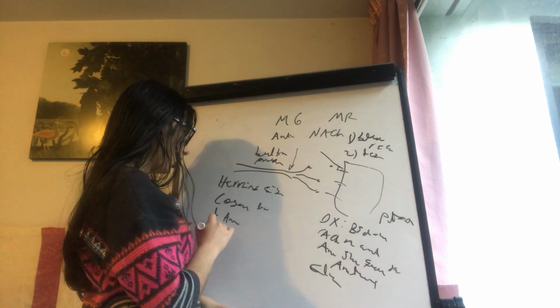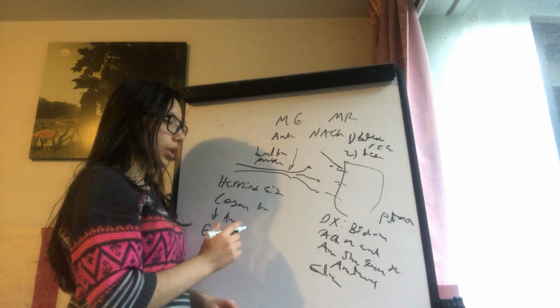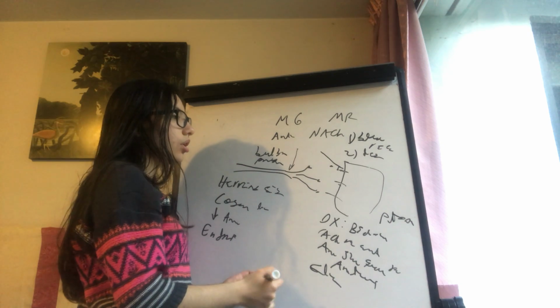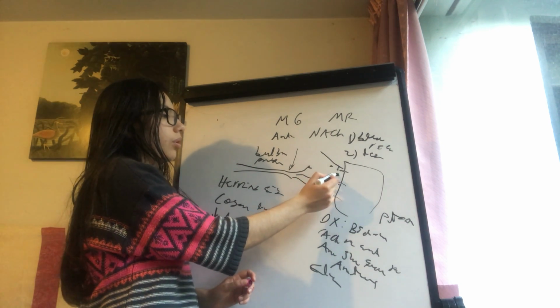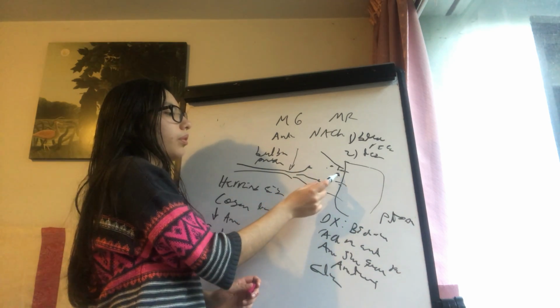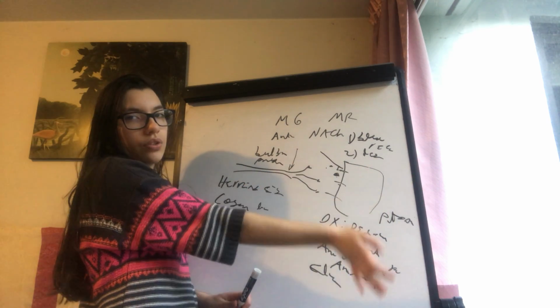Additional tests, we have the edrophonium test. Here we will give acetylcholinesterase inhibitors. So here we are giving an inhibitor of the enzyme that breaks down the acetylcholine. If the enzyme breaks down the acetylcholine, then there is no acetylcholine and the action is terminated.